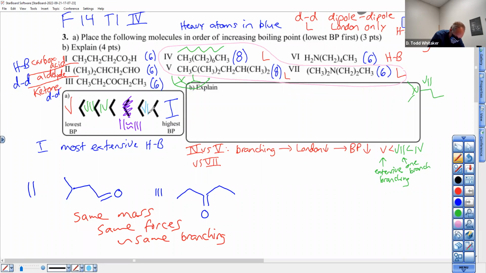And we just say weaker H bonding, weaker HB than 1. Lower electronegativity is the reason. It's nitrogen versus oxygen. And my explain is see below and above.